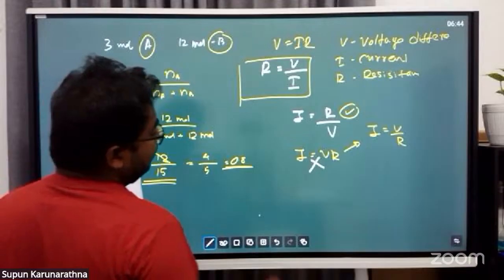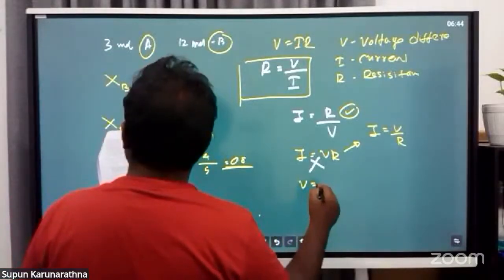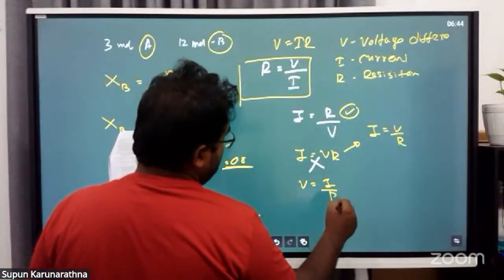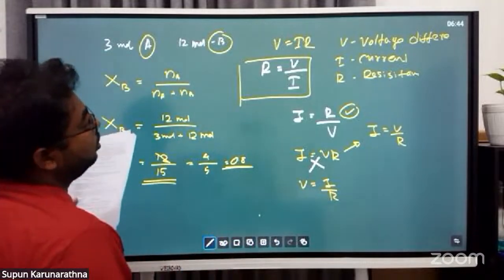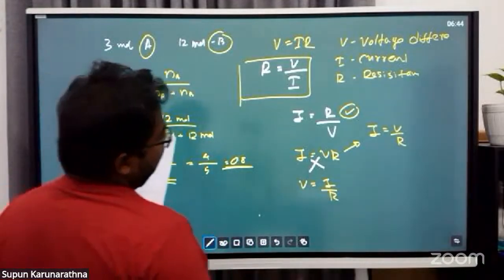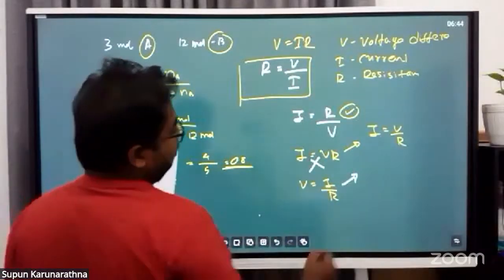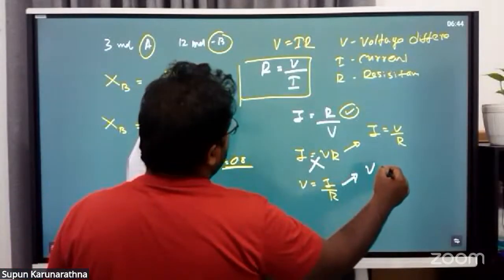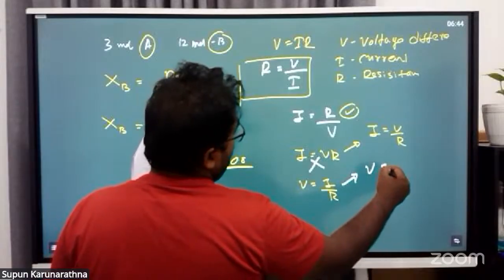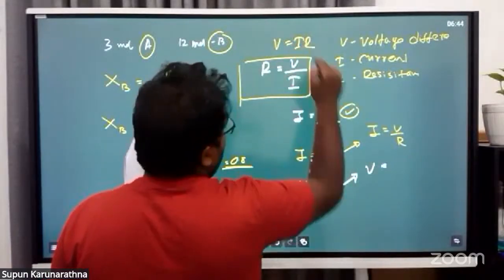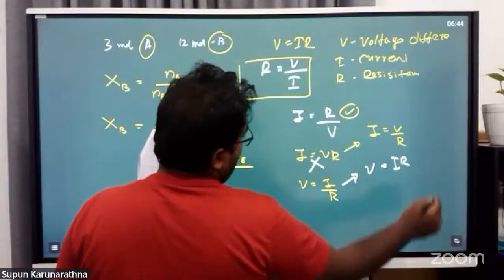The third answer is given as V equals I over R. What do you think about V equals I over R? It cannot happen. Why? If you make V the subject, then it comes V equals IR.